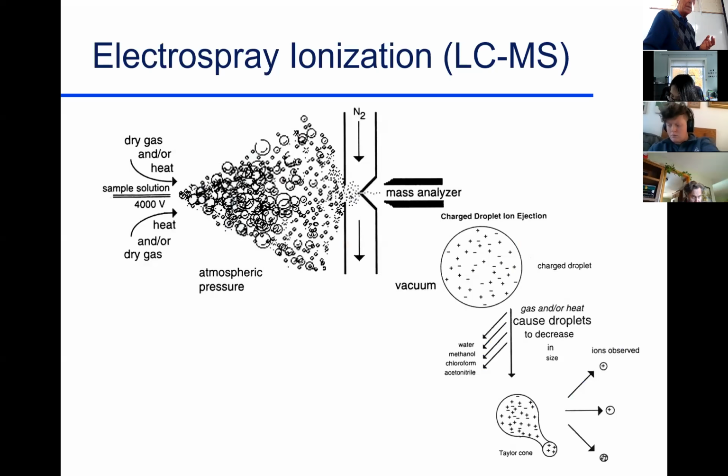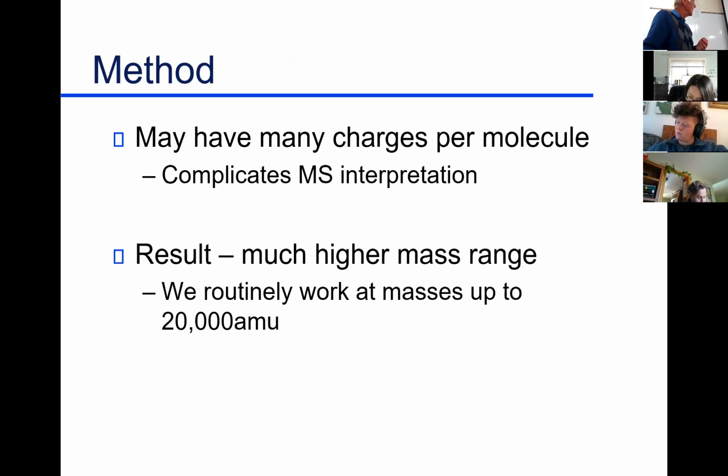The problem with electrospray ionization, or I don't know if I'd say it's a problem, maybe it's a blessing too, is that you're going to have numerous charges per molecule. MALDI did one charge per fragment molecule.